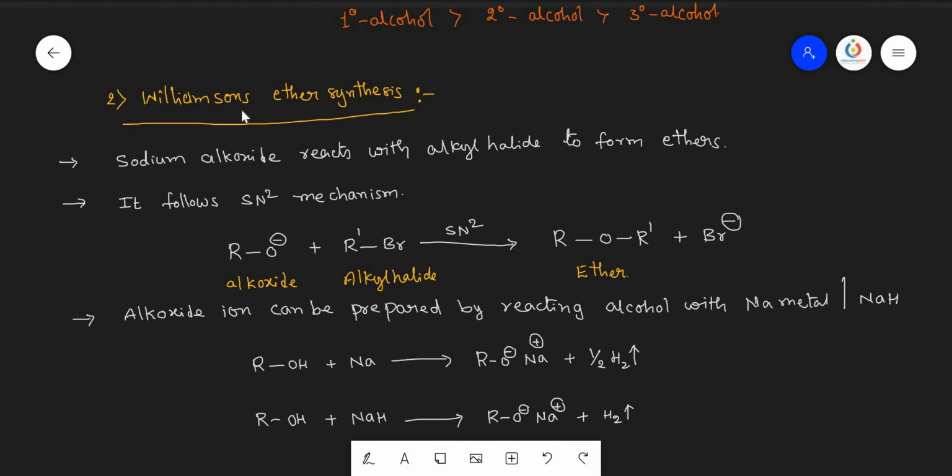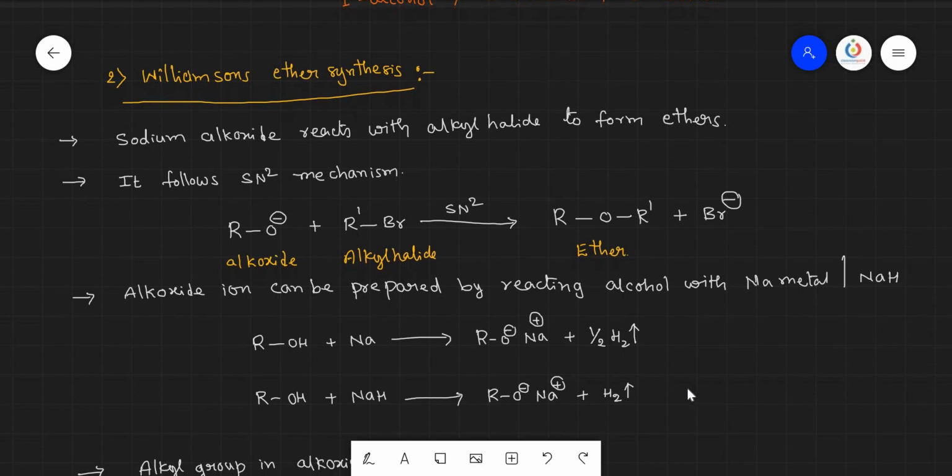Still, this reaction is considered the most effective reaction for the formation of ethers. Let us see what Williamson's ether synthesis is. Let us take any alcohol. Alcohol, when treated with sodium hydroxide or sodium hydride, or sodium metal, produces sodium alkoxide.